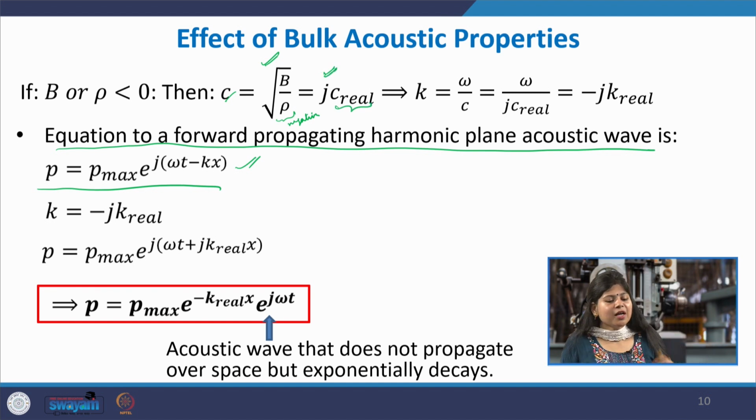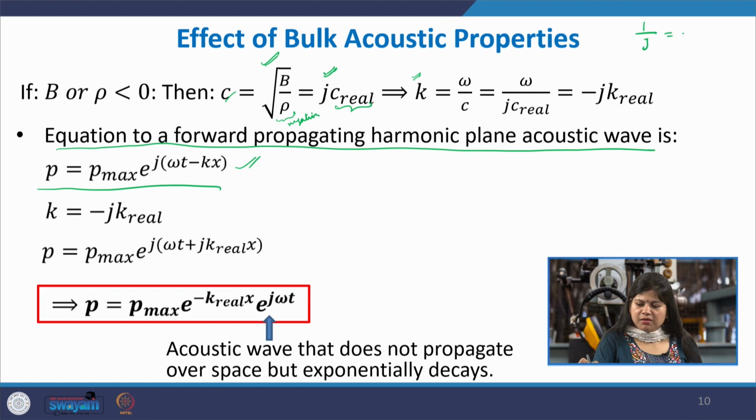So, when c becomes complex, then k, which is the propagation vector and the magnitude of it, is omega by c, which means omega by some complex number. Then by the property of 1 by j being minus j, what you would get is that k can be represented as a negative complex number, minus j k real. Okay. So, this simple mathematical formulation.